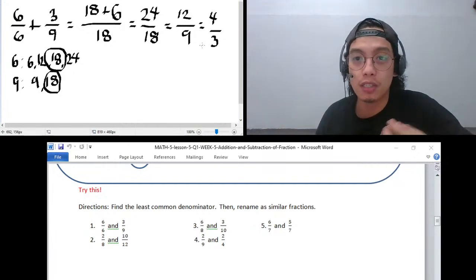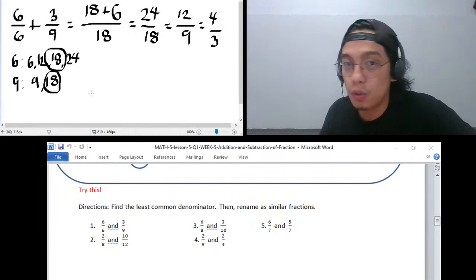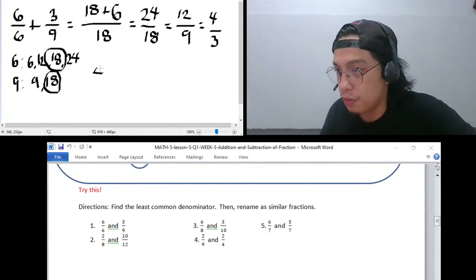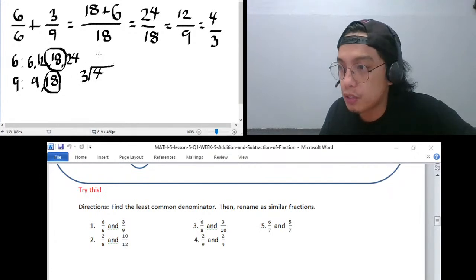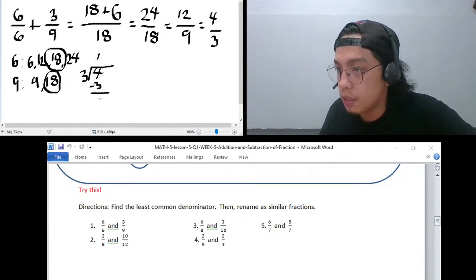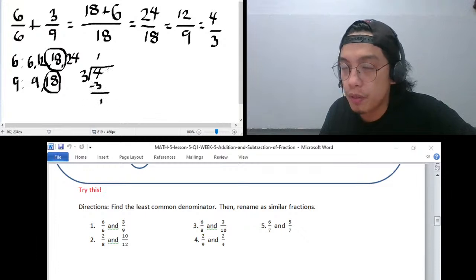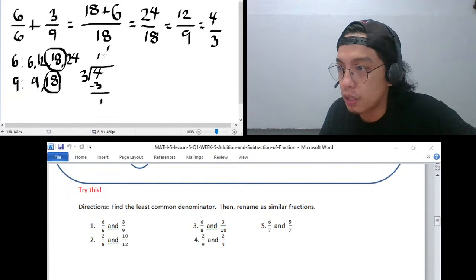They like it made into a mixed fraction if it's an improper fraction. So 4 divided by 3 is 1. 1 times 3 is 3. Okay, 4 minus 3 is 1. Copy the remainder as the new numerator over the denominator.